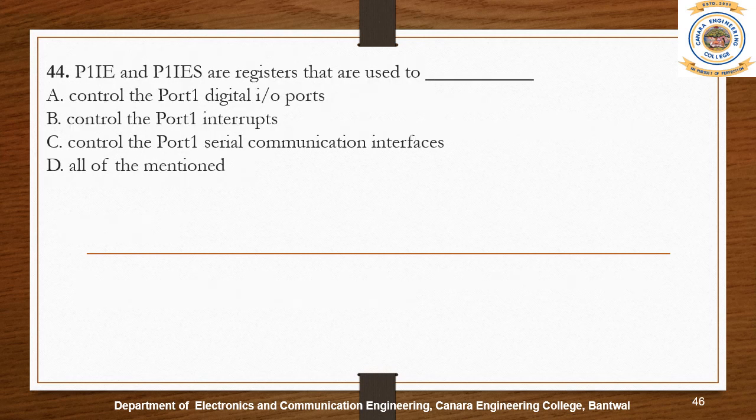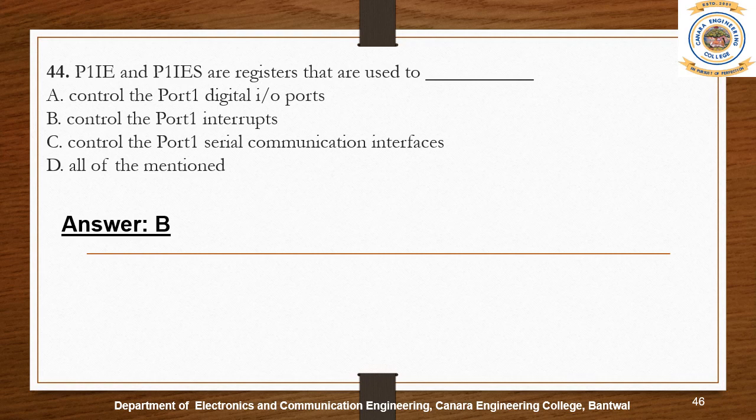Most of the pins in the case of MSP430 can be used as an interrupt pin. Along with interrupt, they can also be used for other functionality as well. So in such cases, we will have particular registers whenever the corresponding pin is used as an interrupt pin. In order to configure that, we have the port 1 interrupt enable register and the port 1 interrupt edge select register.